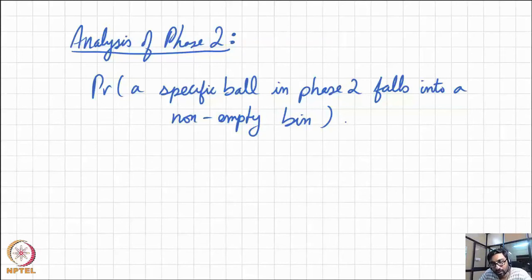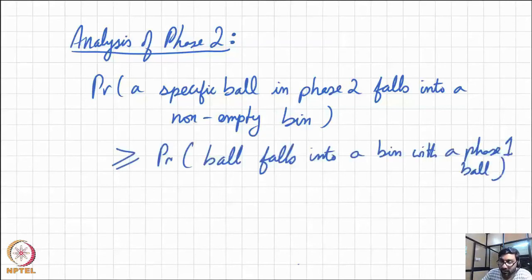Well, this probability is more than the probability that the ball falls into a bin with a phase 1 ball in it. Why? Because there are going to be fewer bins with phase 1 balls than the total number of balls, because this could be any ball in phase 2.